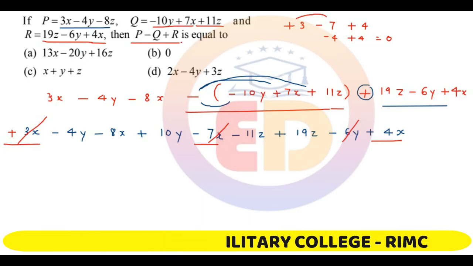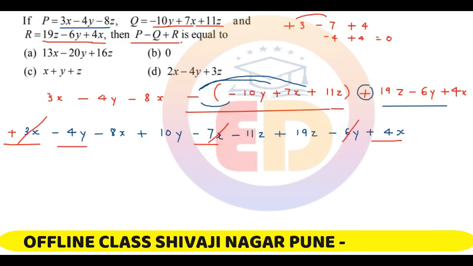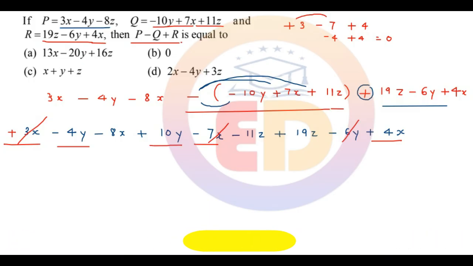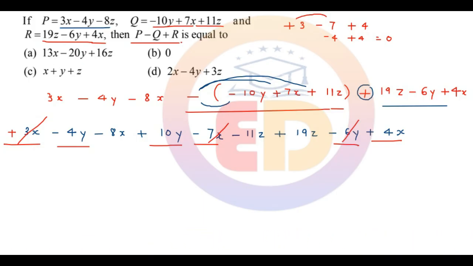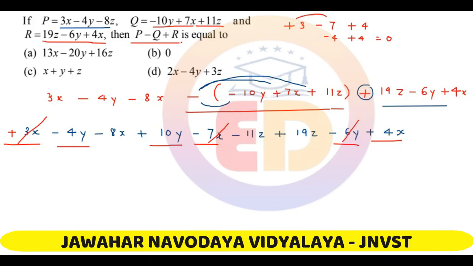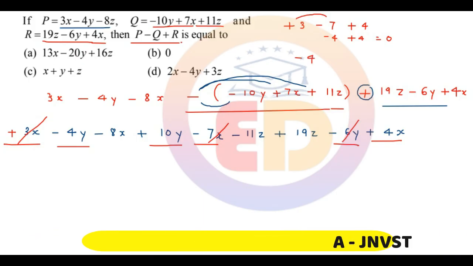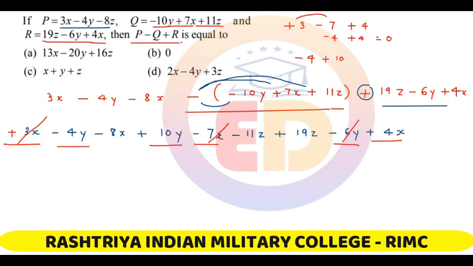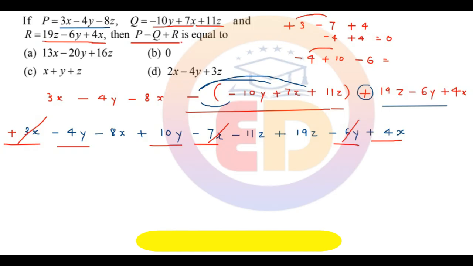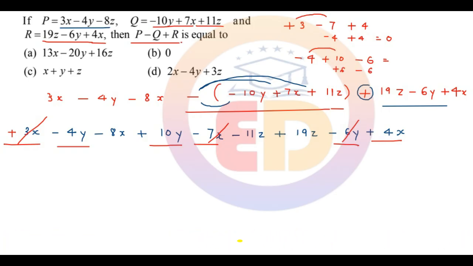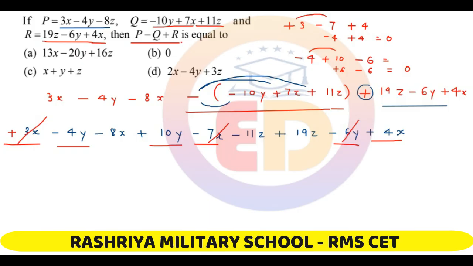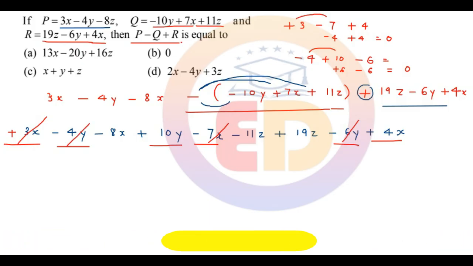Let's take the second term, minus 4y plus 10y minus 6y. Minus 4 plus 10 minus 6. Minus 4 plus 10 is plus 6. Plus 6 minus 6, again I get 0. So they all are cancelled.